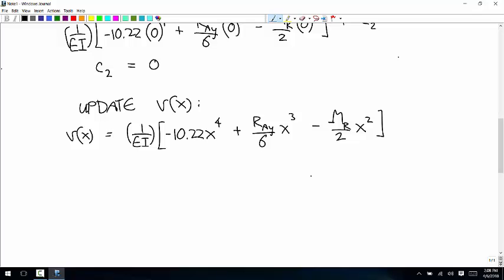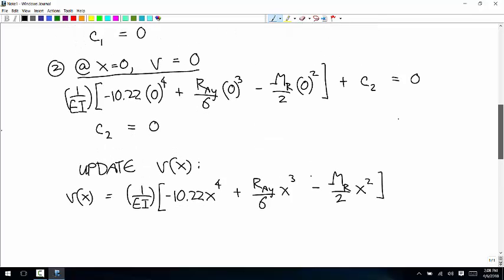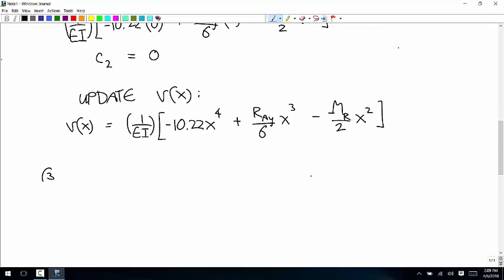And so now our last boundary condition says at x equal to, what's the length? 4? Yes. At x equals 4, the deflection has to be equal to 0.